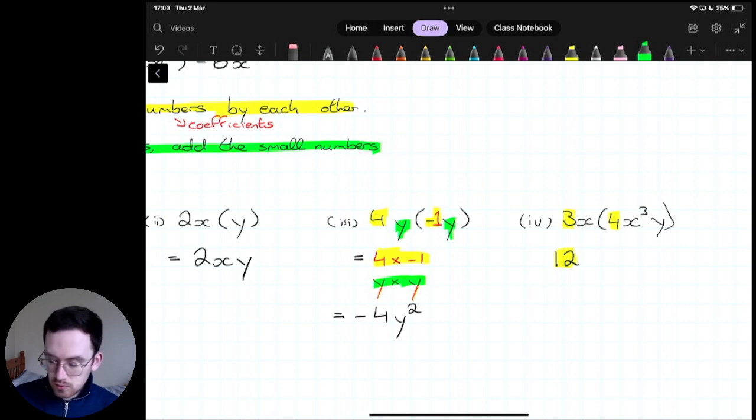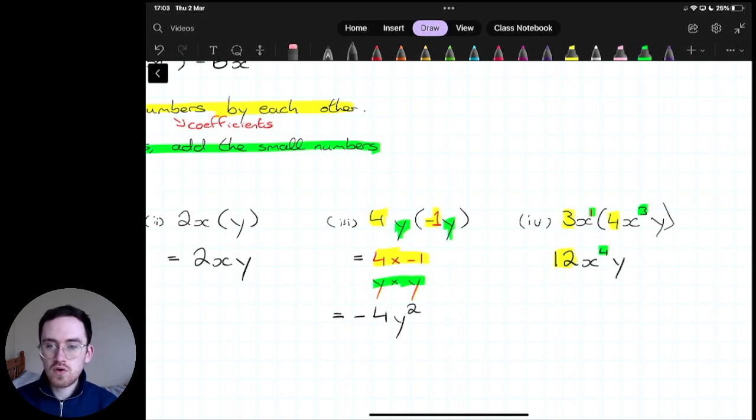Well, we know when we multiply two letters that are the same, we can add those smaller numbers. So x to the power of 1 by x to the power of 3 becomes x to the power of 4. And that is still multiplied by y. So my answer overall is 12x to the power of 4 y.